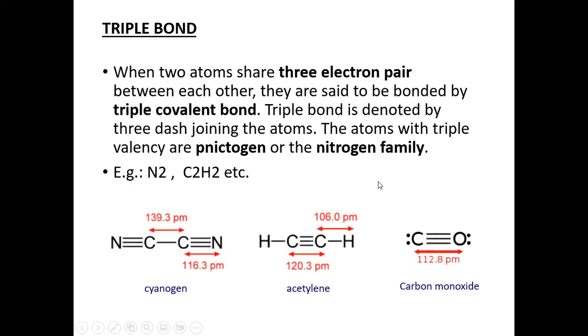Next is triple bond. Based on the name, we know there are 3 electron pairs, a triple covalent bond. The atoms that form triple valency are the nitrogen family. Below you can see examples like cyanogen, acetylene, and carbon monoxide, right?